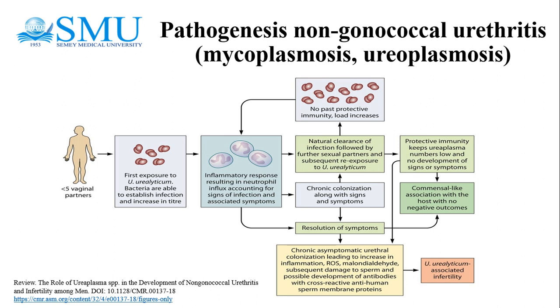And the next is no development of signs or symptoms, or it leads to chronic asymptomatic urethral colonization, leading to increase in inflammation and other substances, and possible development of antibodies with cross-reactive anti-human sperm membrane proteins.